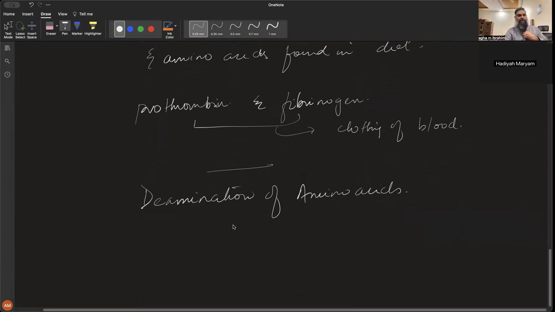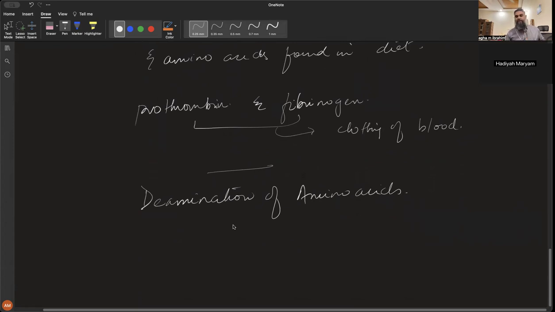When you talk about deamination, excess amino acids are actually taken to the liver, and they are going to be deaminated. What is the definition that we need? So what is going to happen?